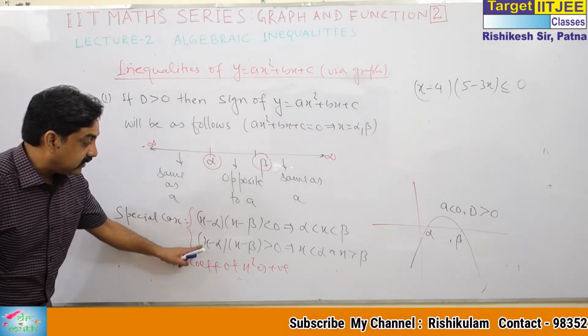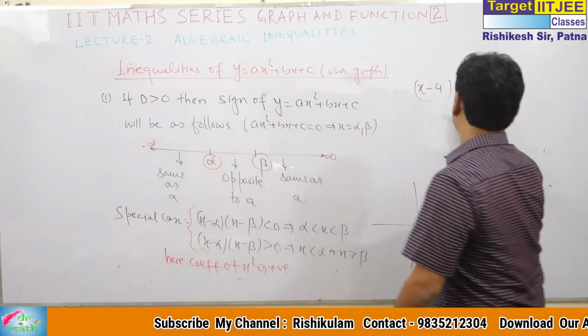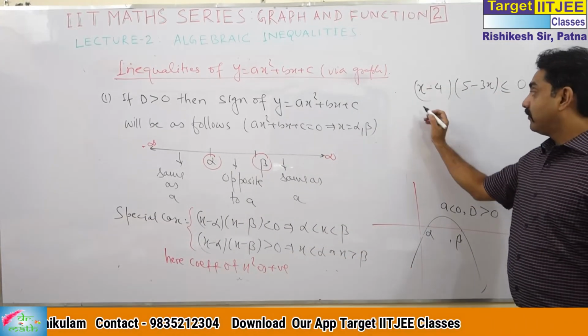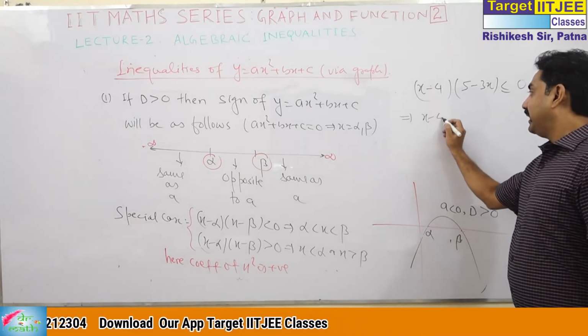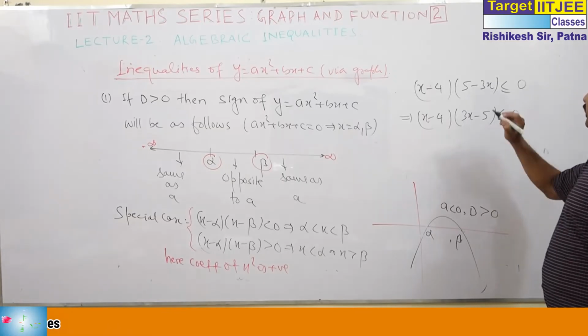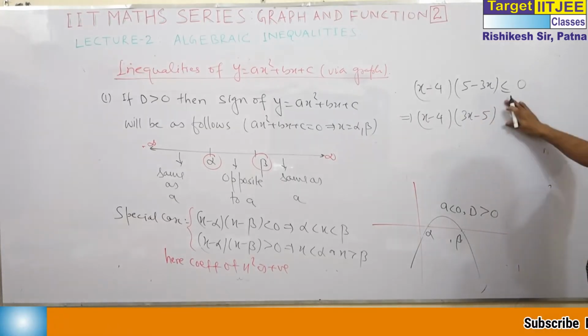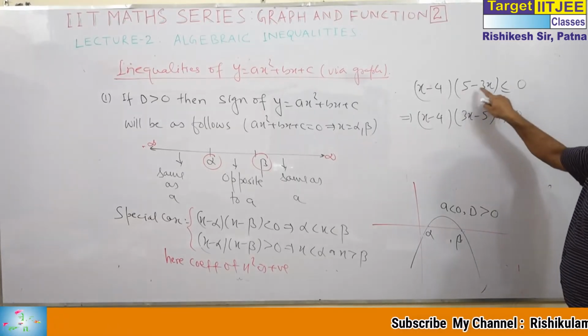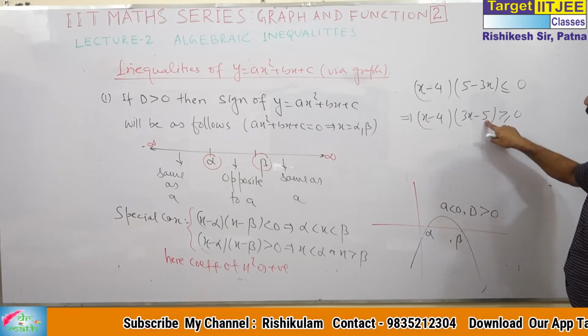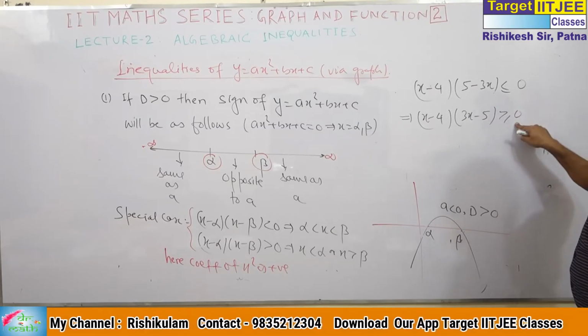Because the coefficient of x square is negative. So we write x minus 4 into 3x minus 5 greater than 0. Actually, I have changed the sign. When I write 5 minus 3x and it changes to 3x minus 5, less than becomes greater than. Sign change.